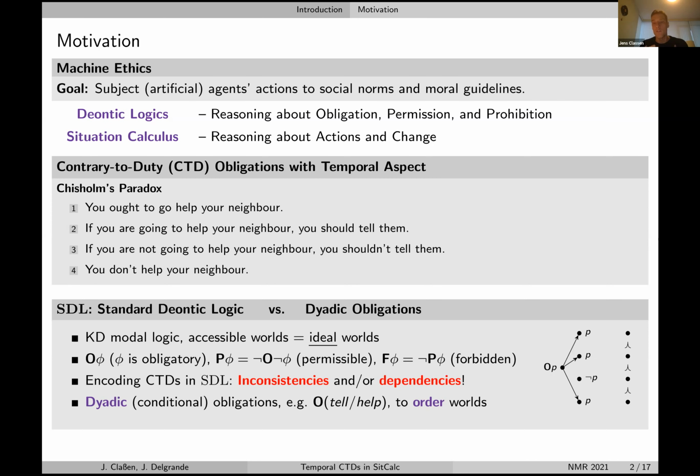And then that will give you some sort of order or ranking over worlds, ordering them by their degree of ideality, so to speak. And so here we are interested in applying similar ideas, but to the actions that we would find in a situation calculus framework.